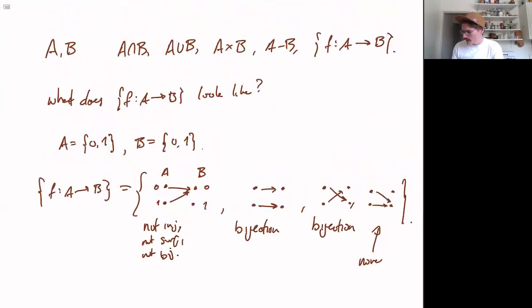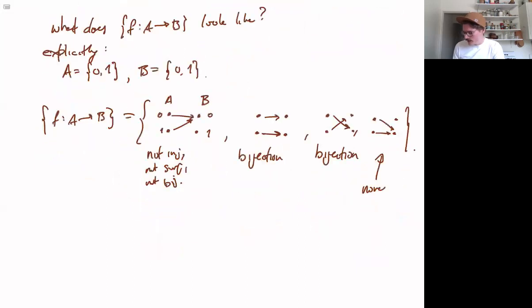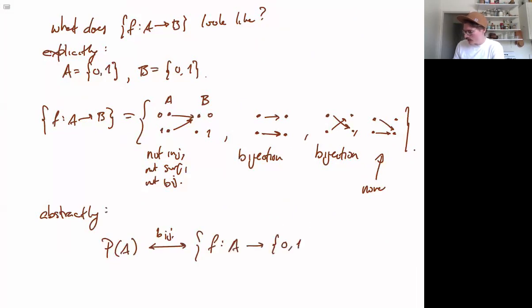So let me say this is explicitly. And abstractly, we want to be able to say things like, here's a very important way of thinking about functions. The power set of A is in bijection with the set of functions from A to the set {0, 1}.